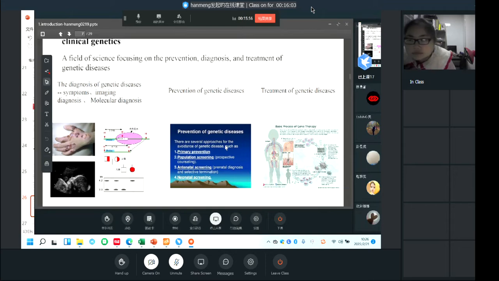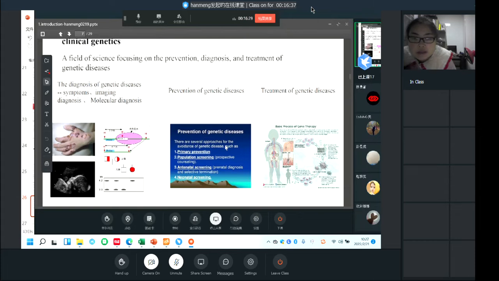Or maybe some genetic diseases have no symptoms, but some genetic diseases have a relationship with the environment or your food. So you should pay attention to your habits in daily life. This is all the prevention of genetic disease.